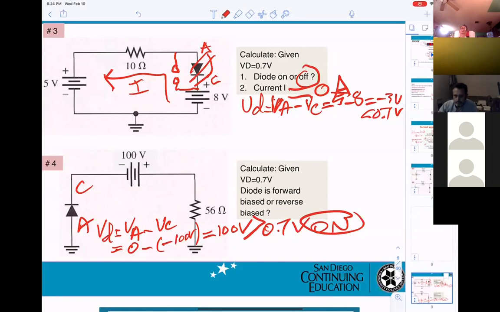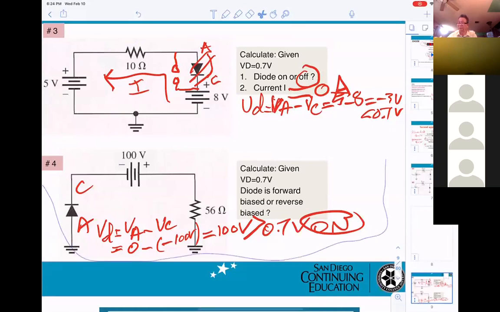Should be off. The voltage is greater than 0.7.